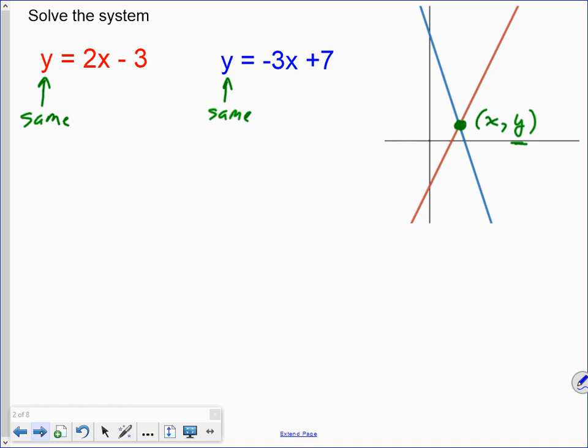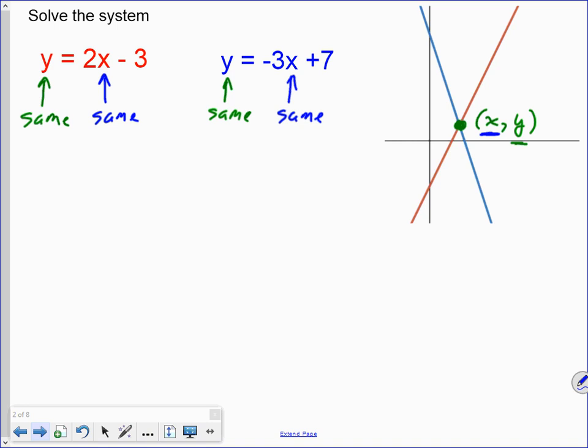Similarly, at this point of intersection, the x for equation 1, like this x, is the same as this x. So we're getting a single value of y and a single value of x that are the same in these two equations.